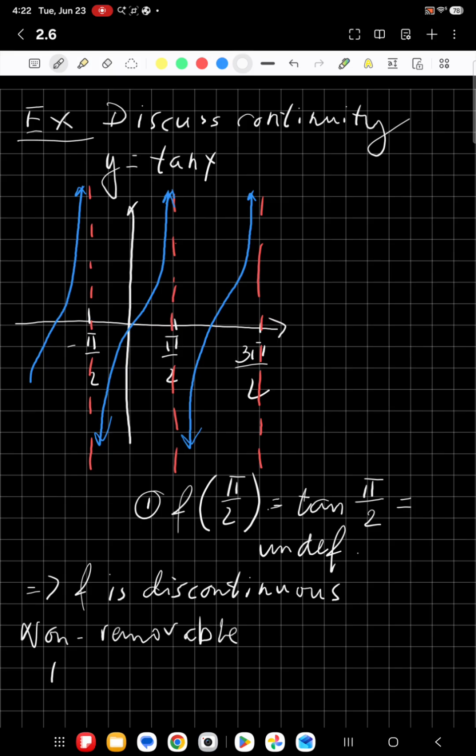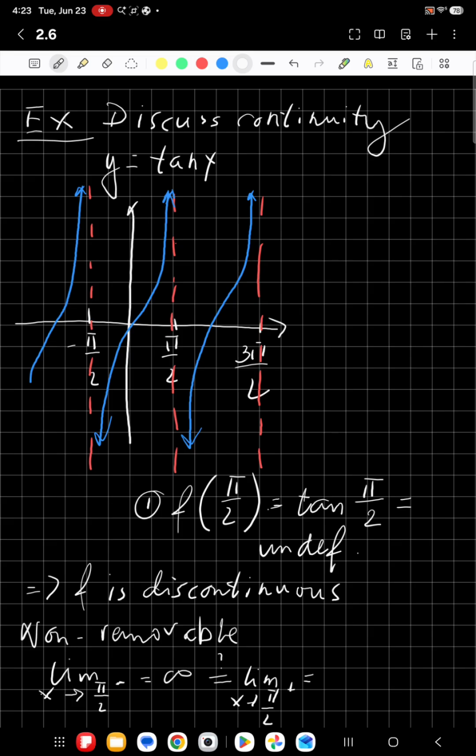And the reason is that if you look at the limit with x approaching, let's say, pi over 2 from the left, so that's minus, right, so we're approaching pi over 2 from the left, so from this way, the values of the function are going towards positive infinity, and then we're checking whether that is equal to the limit with x approaching pi over 2 from the right side.